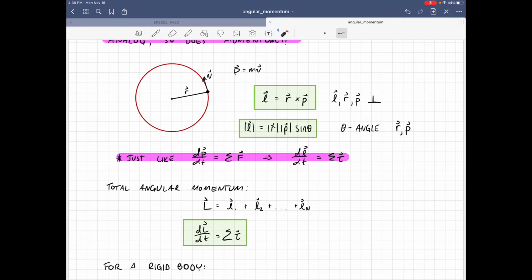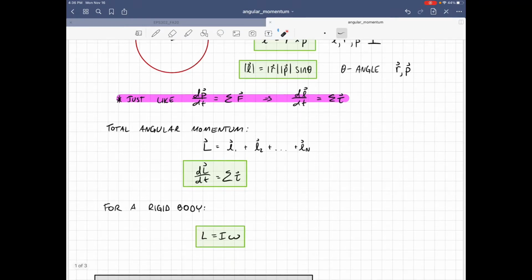that these angular momentum vectors are defined. So the total angular momentum of a system is just denoted with a capital L, and it would just be to add up all the individual angular momentum vectors for all the different objects that are in the system that you're considering. And so notation-wise, take the time derivative of the total angular momentum, so this capital L vector, that's equal to the net torque about your axis that you've defined to discuss or describe the total angular momentum.